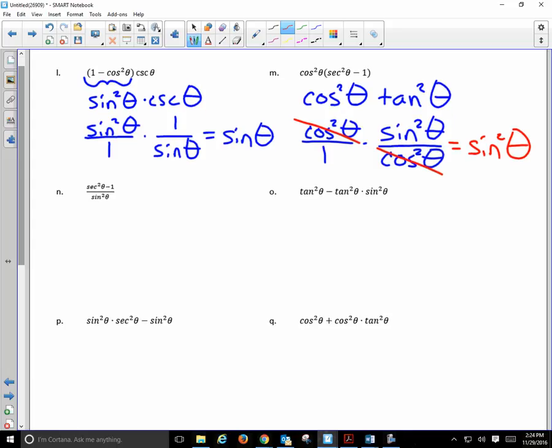Okay, letter N is very similar. I have a secant squared minus 1. We saw that in the previous problem. What should I put in for the secant squared minus 1? Tangent squared. That one little substitution now puts us in a situation like we were yesterday. How should I rewrite tangent squared?